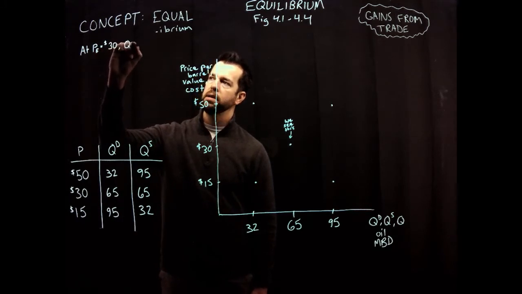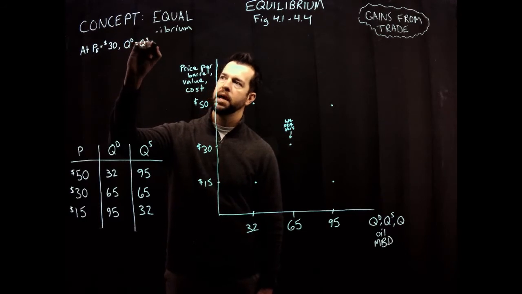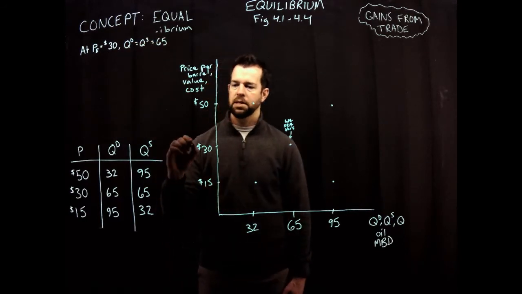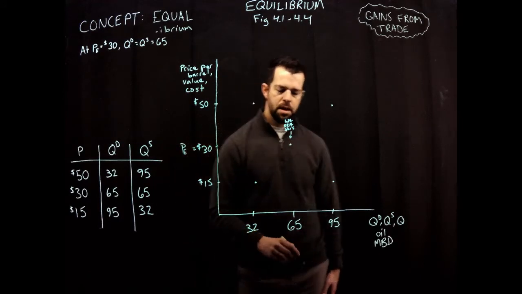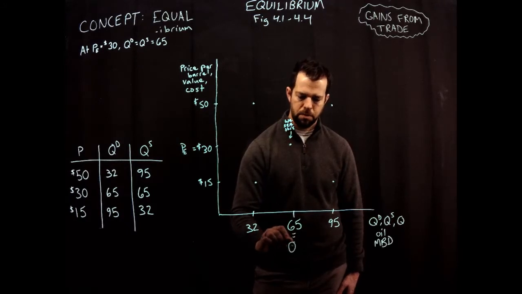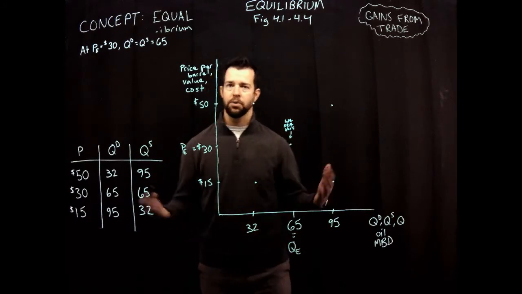Quantity demanded equals quantity supplied, and that is equal to 65, okay? And so this right here is your equilibrium price, and this right here is your equilibrium quantity. So this E subscript just stands for equilibrium.